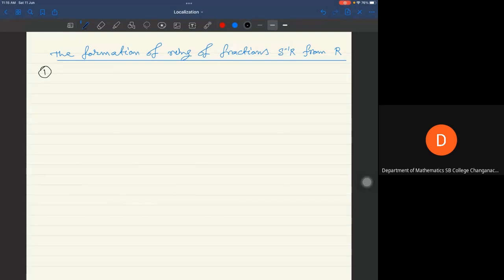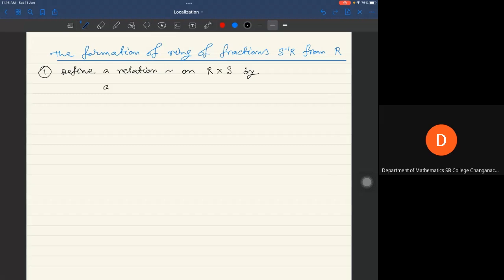Here also we consider a relation. You first define a relation on this set of direct product, a Cartesian product I should say, R Cartesian product with S.